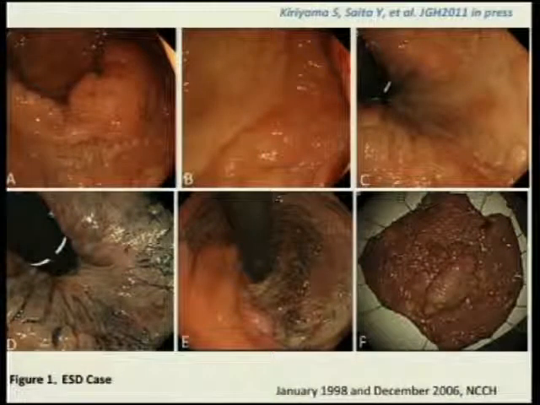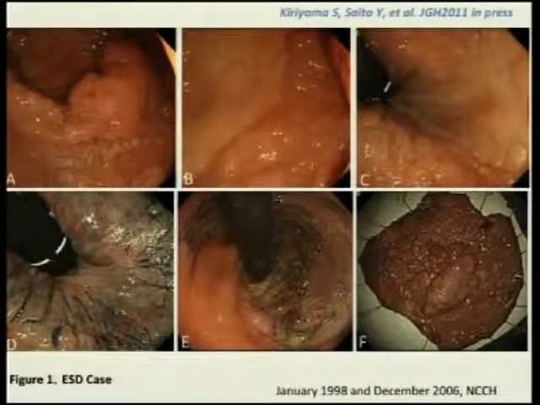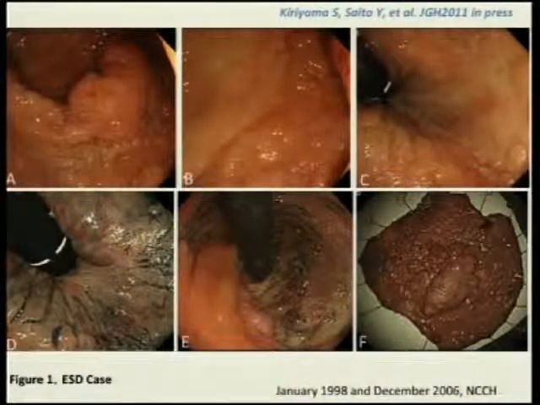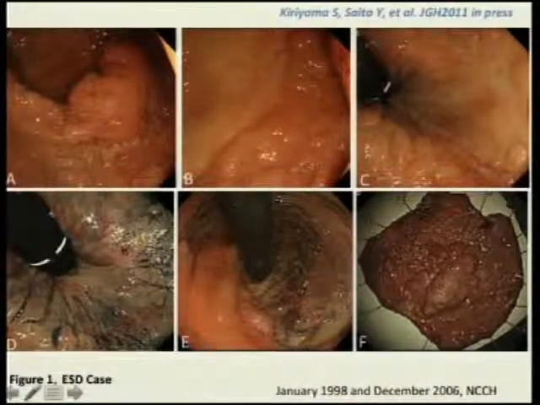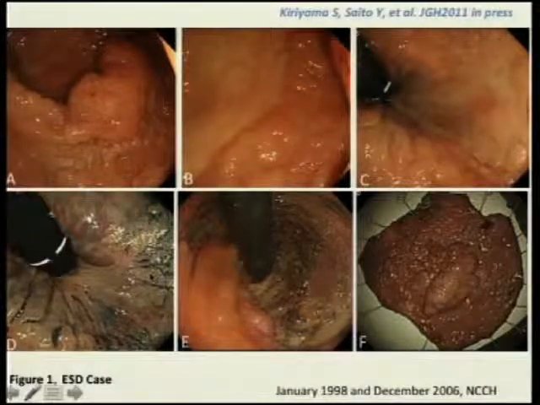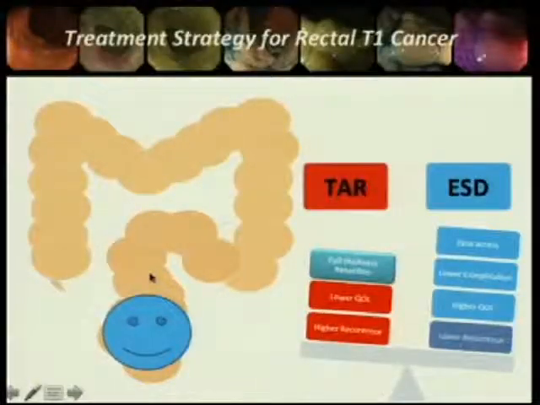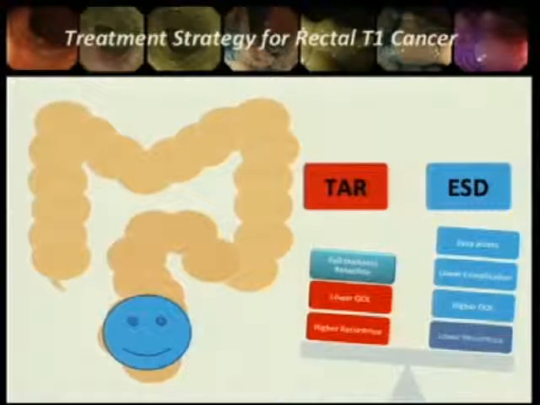ESD can treat this kind of large LST because we can visualize the flat elevation clearly. So we think ESD is a good alternative to TAR now.